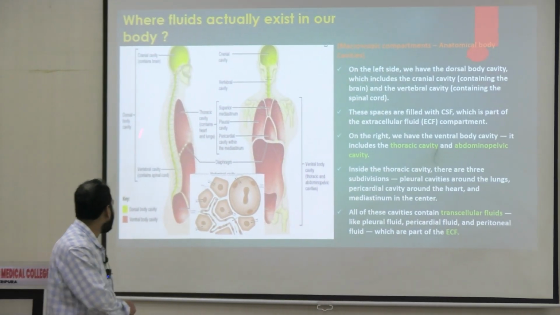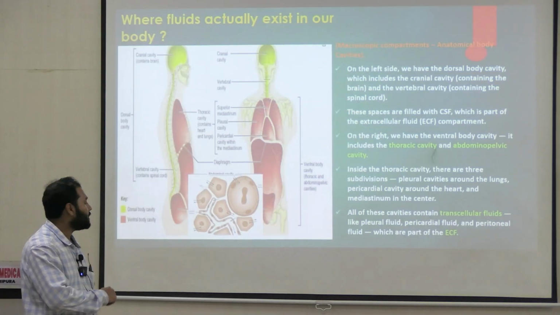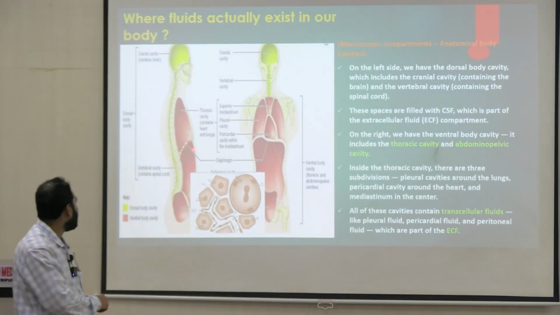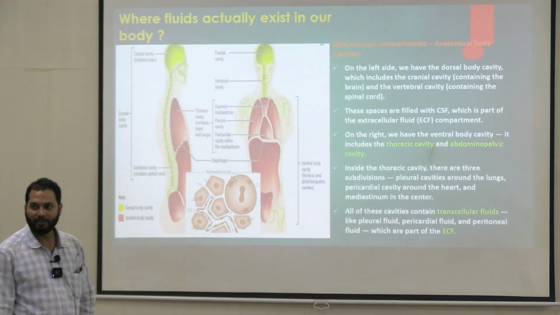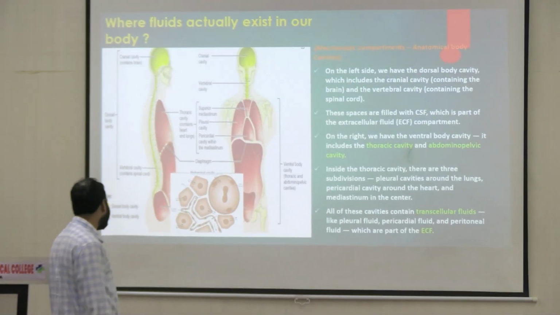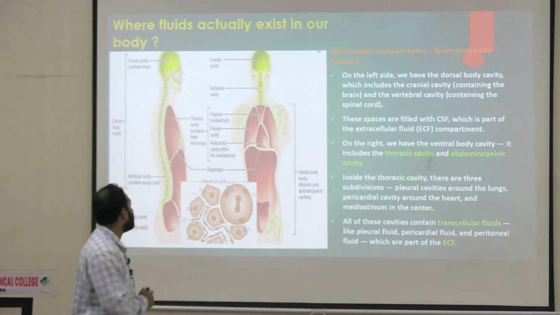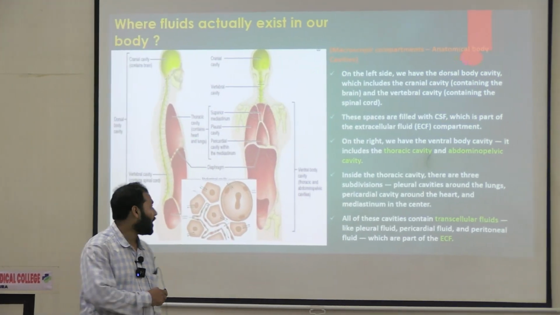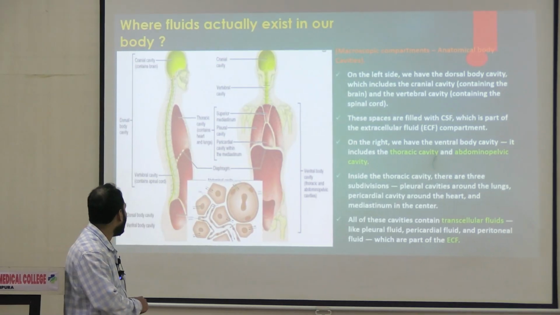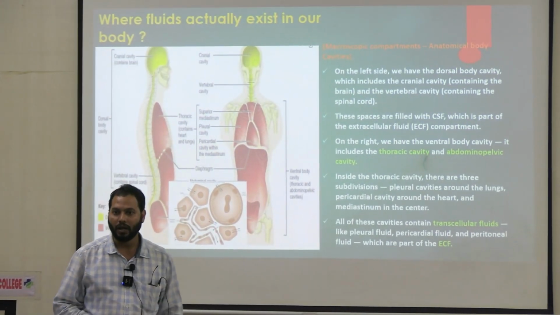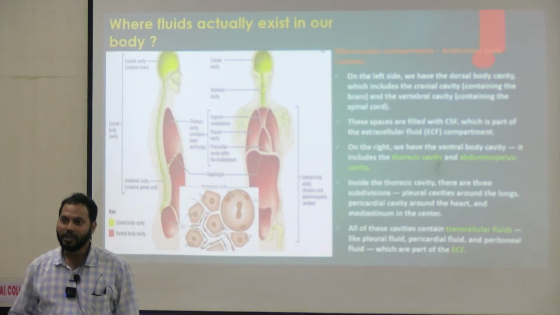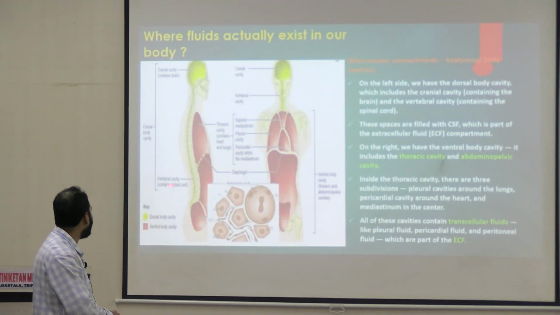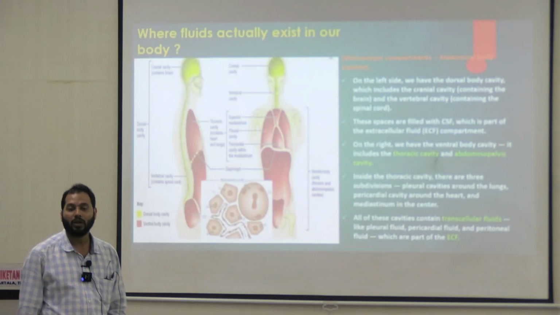Here you can see on the left side the dorsal body cavity, and on the right side the ventral body cavity. The dorsal body cavity is mainly composed of two parts: the cranial cavity and the vertebral cavity. The cranial cavity contains the brain, whereas the vertebral cavity contains the spinal cord.